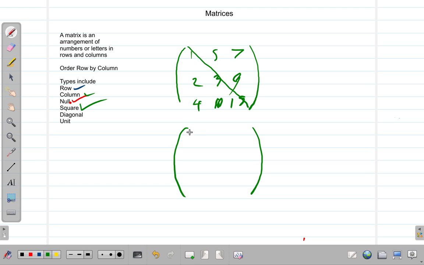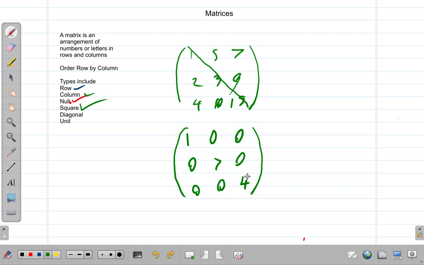You have 1, 0, 0, 0, 7, 0, 0, 0, 4. Now that is a diagonal matrix. You have a diagonal here with numbers.